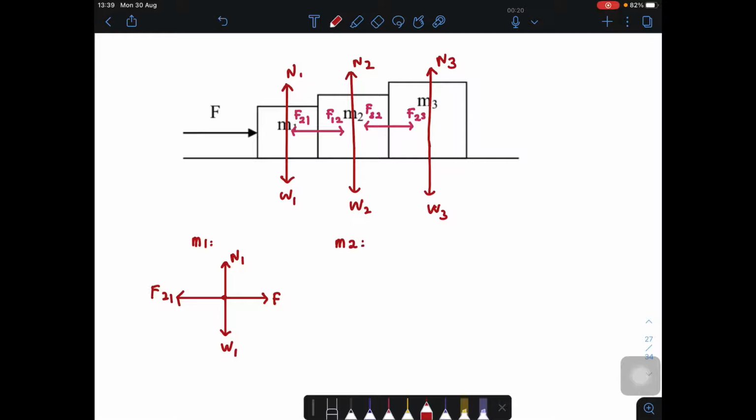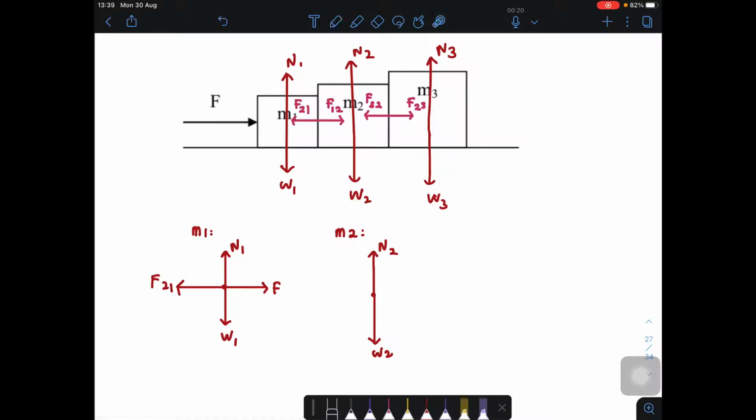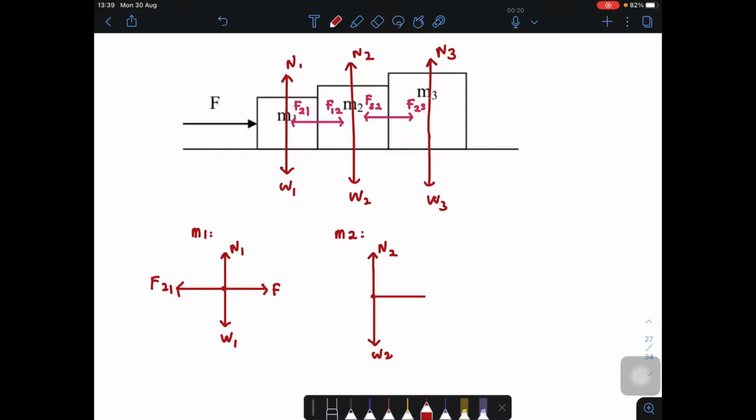Now M2, kita ada weight going downward, and then N2. Kita ada F12 ke kanan, and then F32 going to the left.